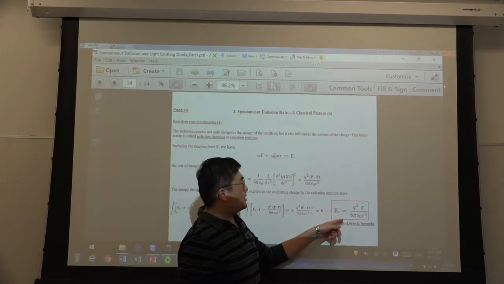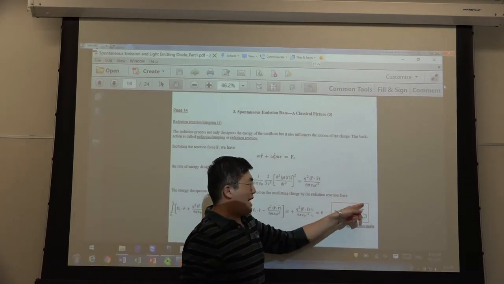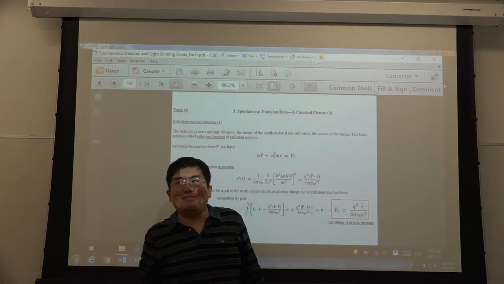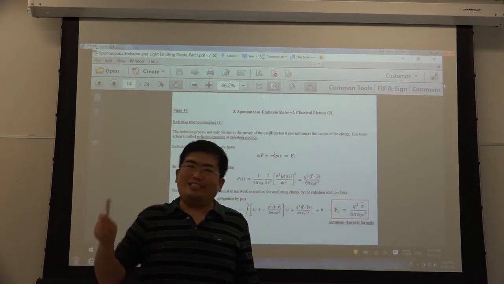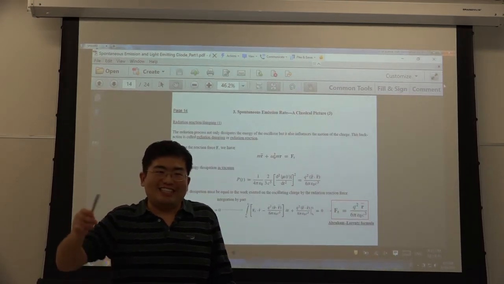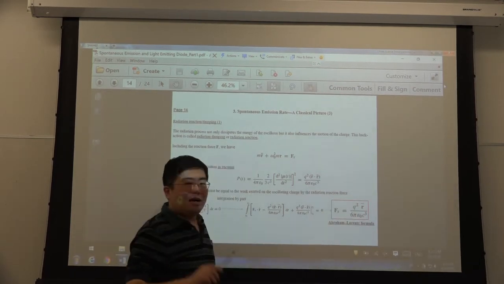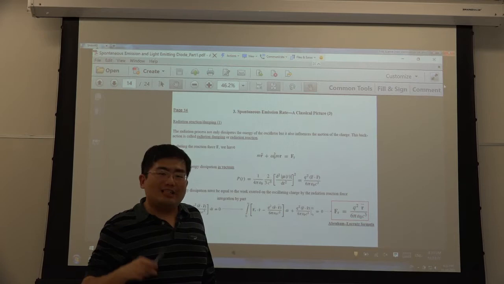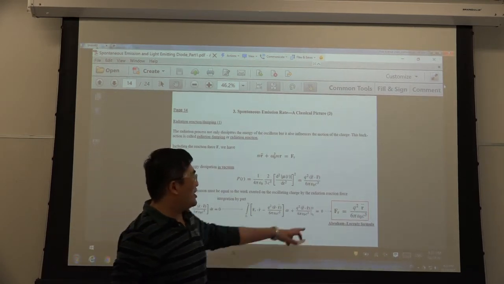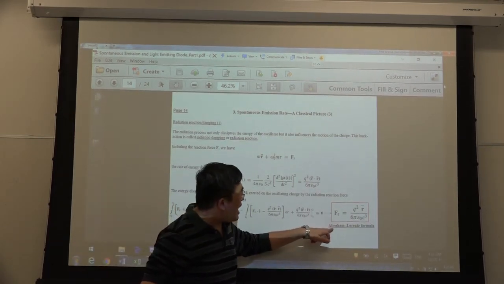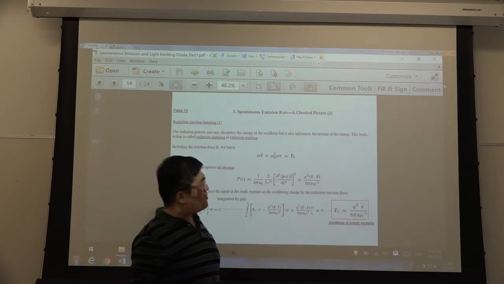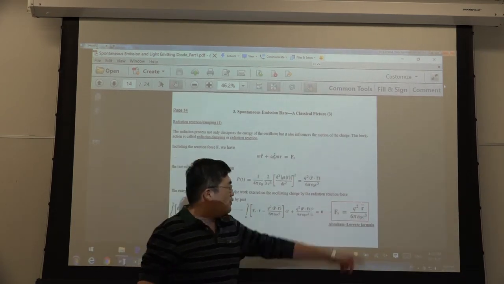So the radiation force is proportional to r triple dot, similar to acceleration, then taking d over dt. So r dot is velocity, r double dot is acceleration, and r triple dot is the time derivative of acceleration. This is called the Abraham-Lorentz formula. It's very famous in physics, and this is the force.